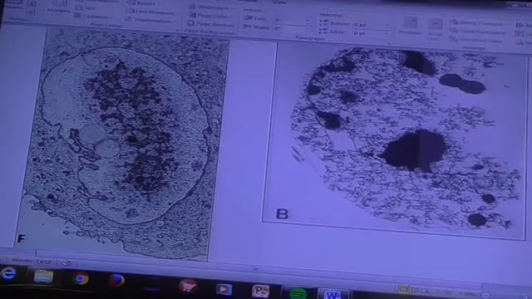What kind of nucleic acid do they have? RNA. And where do you find those inclusion bodies? In the cytoplasm. Where do you find DNA inclusion bodies? In the nucleus. Except for pox virus. Pox virus is in the cytoplasm, even though it's a DNA virus.